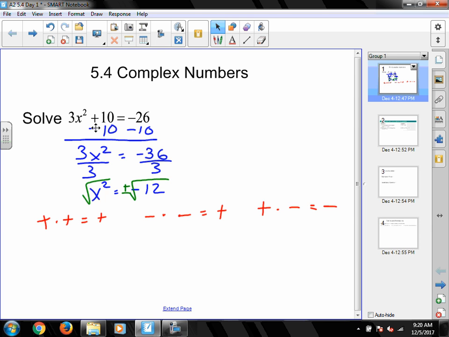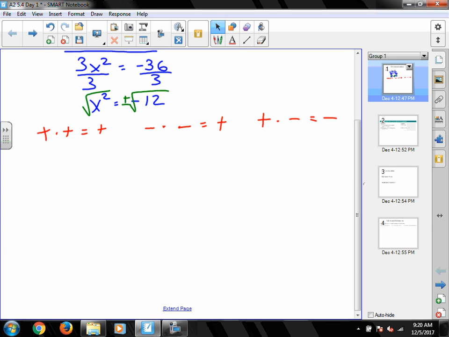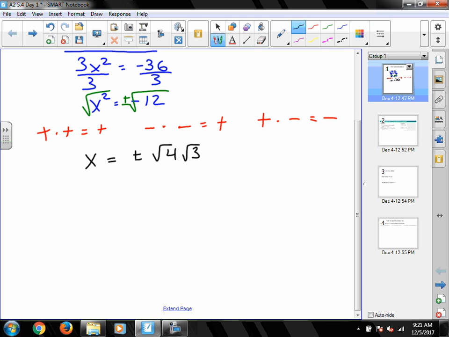We're going to break this down just like we normally would. So, I move on, I get that x is going to equal plus or minus, well, what numbers multiply to 12 that has a perfect square? Well, I know 4 goes into 12. 4 is a perfect square, so I'm going to take the square root of 4 times the square root of 3. And in order to get the negative 12, we're just going to take the square root of negative 1.